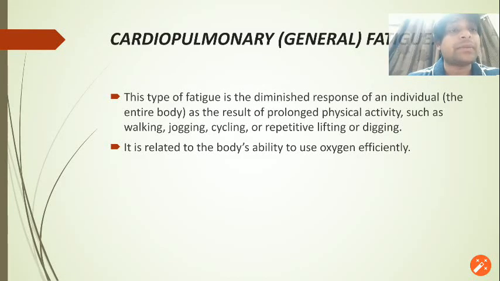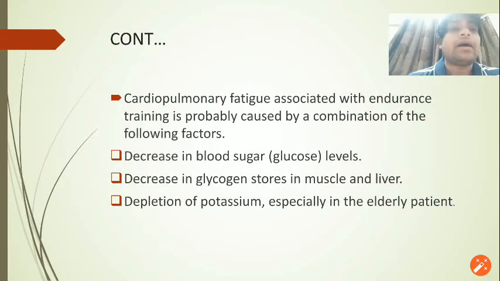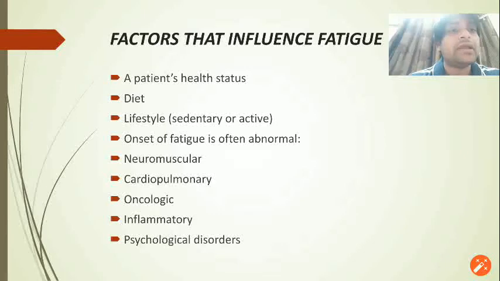That is cardiopulmonary or general fatigue, and it is related to the body's ability to use oxygen efficiently. Cardiopulmonary fatigue associated with endurance training is probably caused by a combination of the following factors: decrease in blood sugar levels, decrease in glycogen stores in muscle and liver, and depletion of potassium, especially in elderly patients.